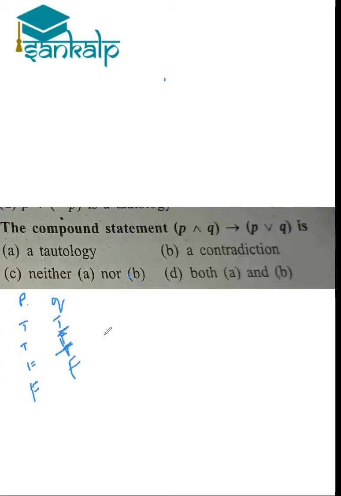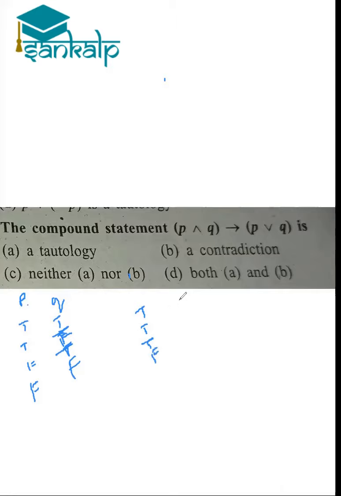Okay, so here on combining, what do we get? For P or Q, we know it is T, T, T, and one is false.